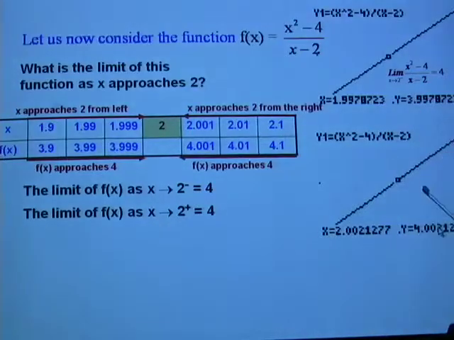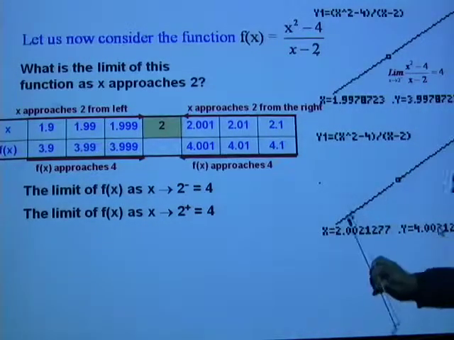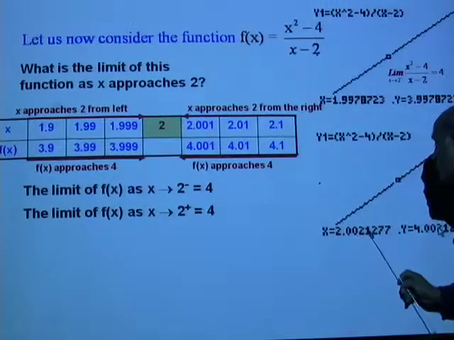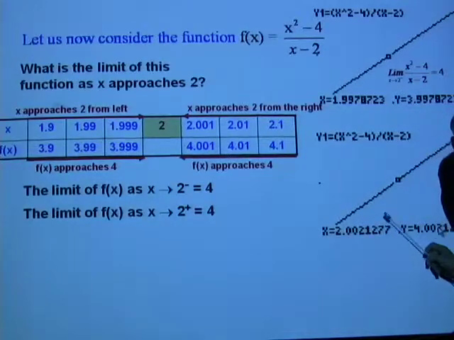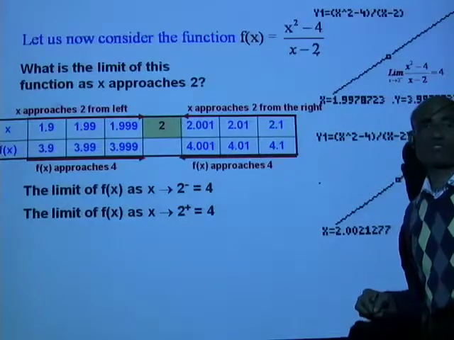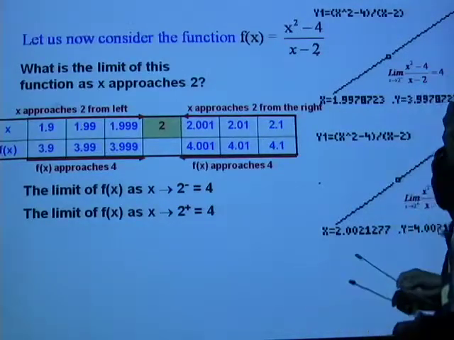There is the next diagram. As x is getting closer to 2 from the right, this is 2.0021. This is a value to the right of 2. And the output is 4.002 and so on. Now, what does that mean?